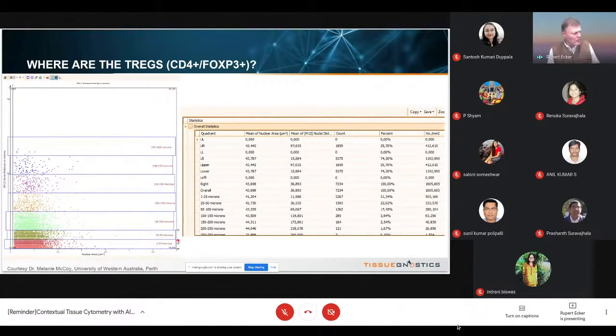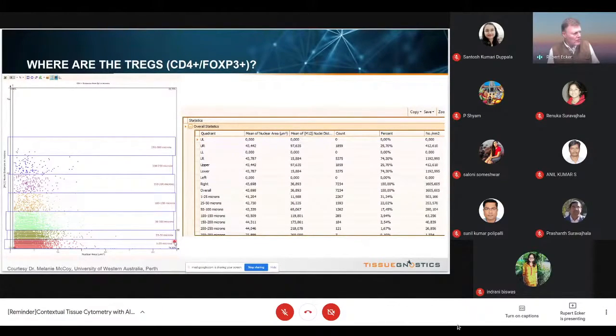So we can make here gates which contain all the cells which are 1 to 25, 25 to 50, 50 to 100, and so on, micrometers away. The quadrant statistic shows us that we have in total 7,234 cells, and 2,267 thereof, or 31.3%, are in the first gate, which indicates a distance of 1 to 25 micrometer.